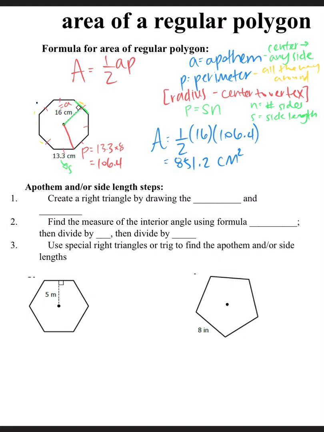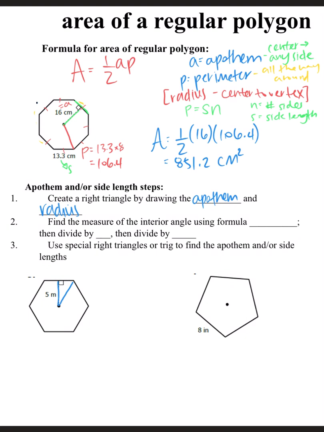Regardless of whichever one we're trying to find, the apothem or the side length, the first step is to create a right triangle by drawing our apothem and radius. In this first example, we already have the apothem. It goes from the center to the side. So I'm going to draw a right triangle by drawing my radius from the center to that vertex.